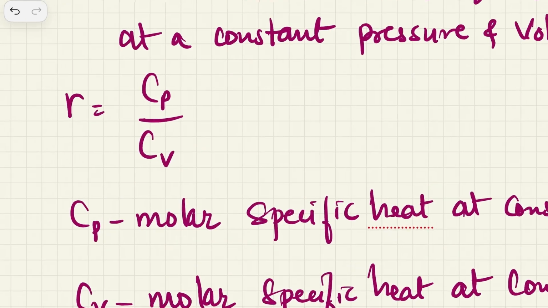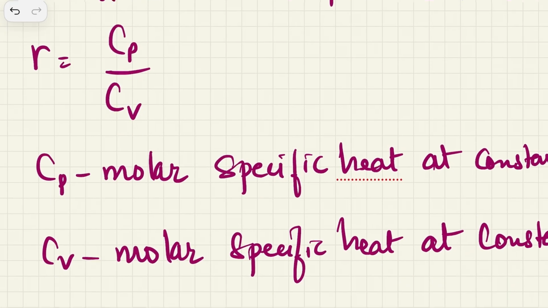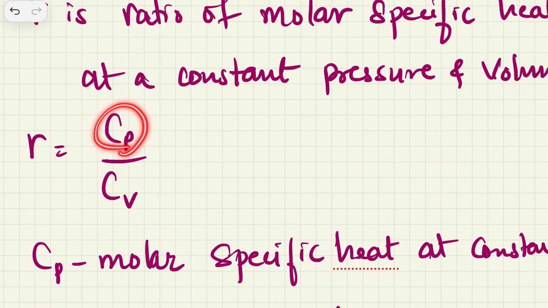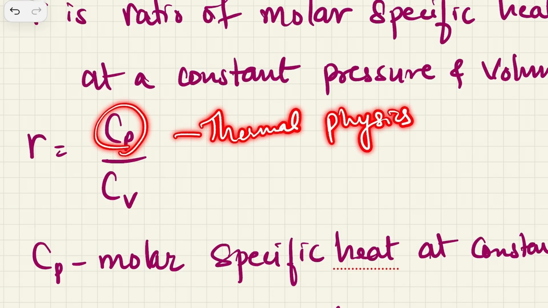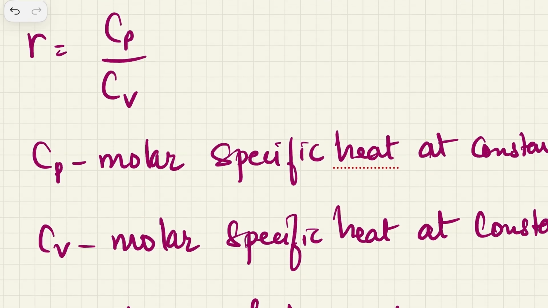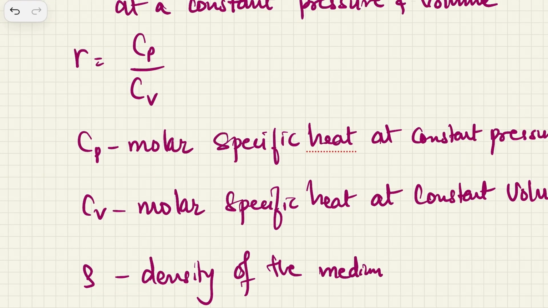Now remember, in this video it's not possible for me to explain the entire molar specific heat. It actually goes into thermal physics. When I start thermal physics, I'll explain what molar specific heat is, what specific heat or heat capacity is. As of now, just remember that gamma is basically the ratio of specific heats. Gamma is basically a signature of a kind of gas.